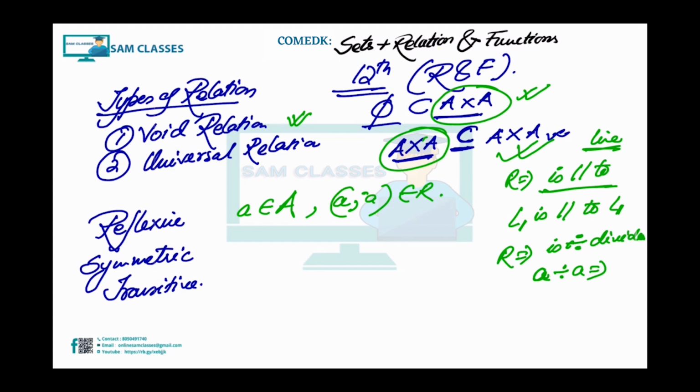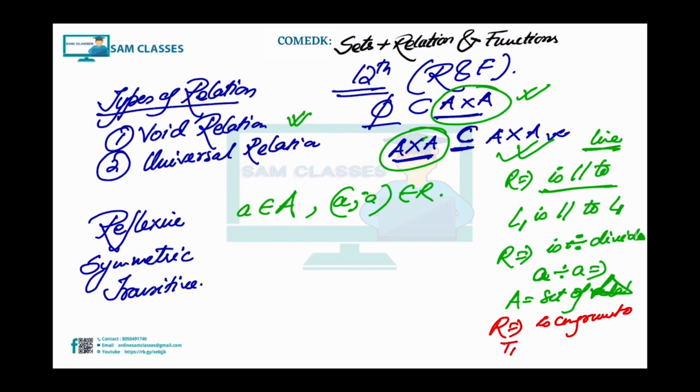So let's see a very simple relation we'll be able to understand. We can take a relation is congruent to. Let's say we have taken a set A equal to the set of triangles. And let's say R is the condition we have put up, is congruent to.